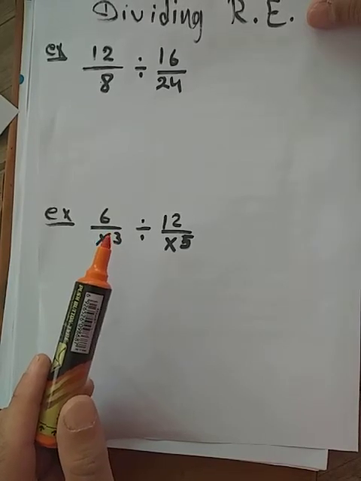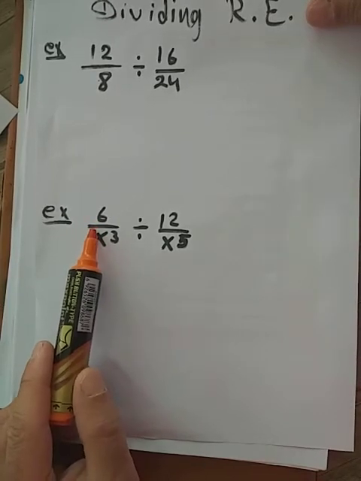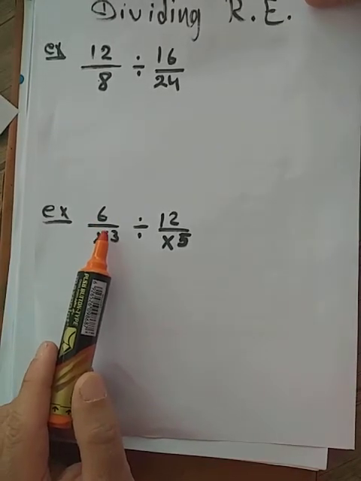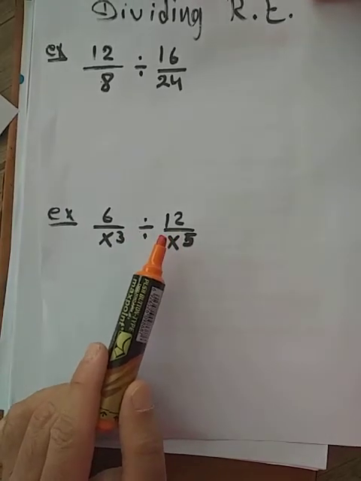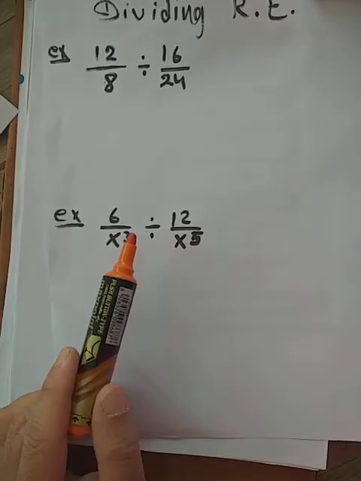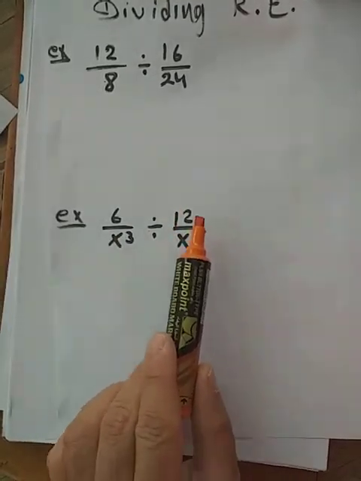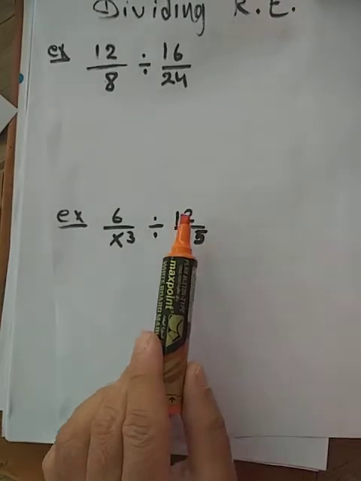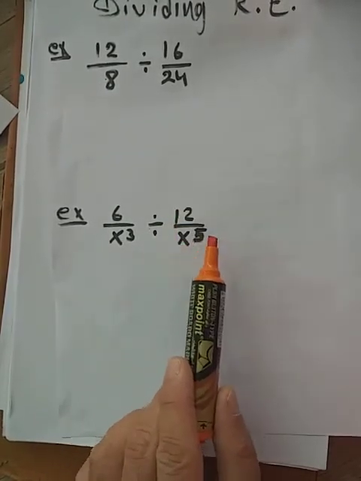To divide one rational expression by another, dividing by another is multiplying by the reciprocal of the divisor, or the reciprocal of the second fraction.